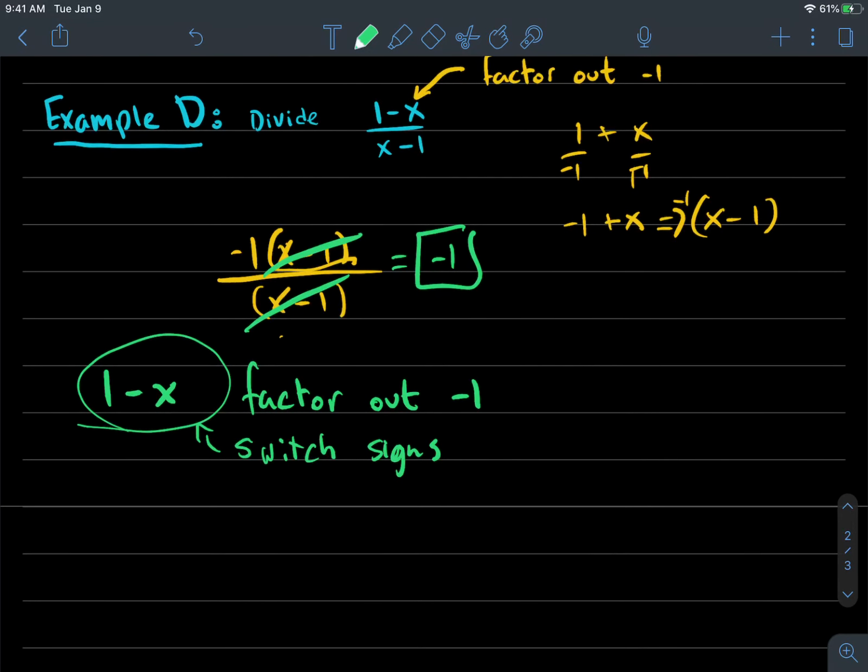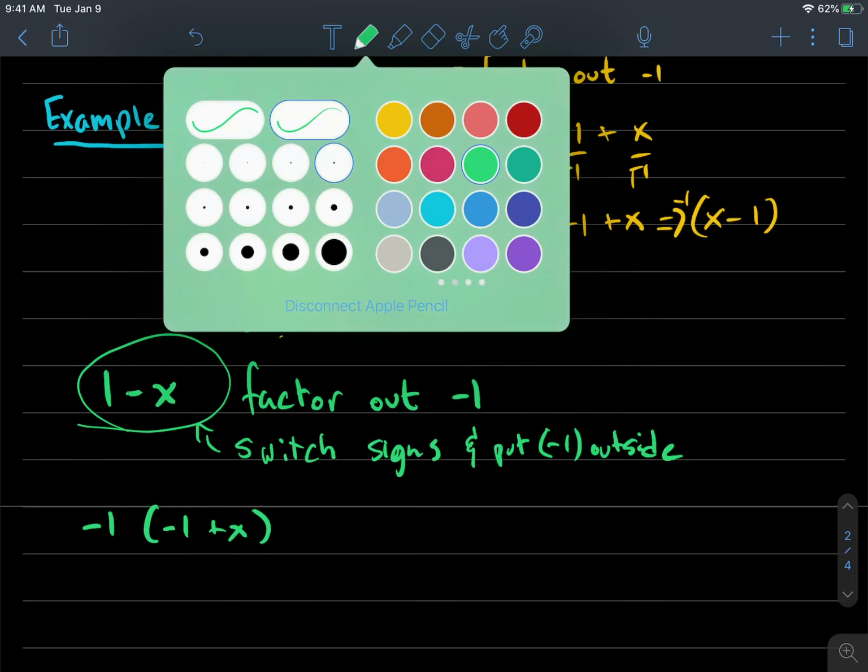So it's going to become -1 times (-1 plus x)... I mean, we switch signs and put negative 1 outside. That's what we did. That's all we did. And then the bottom stays the same.